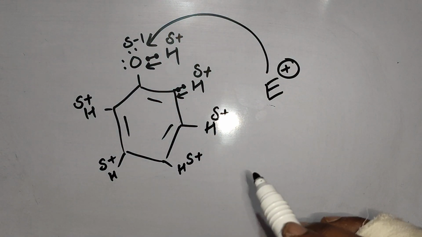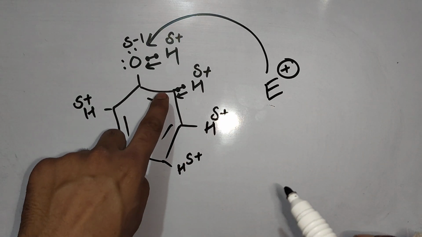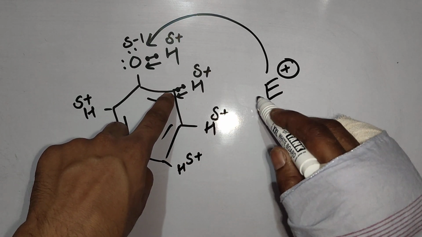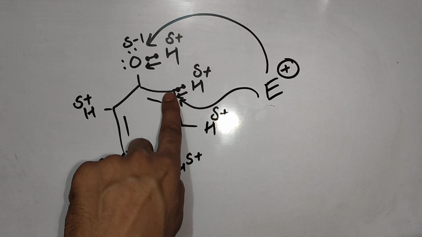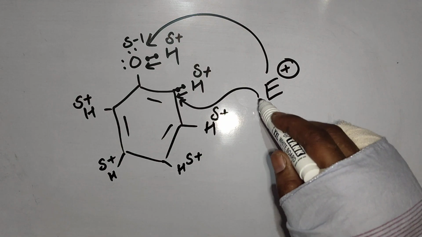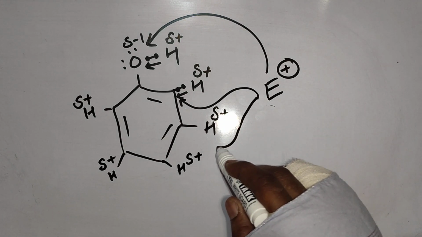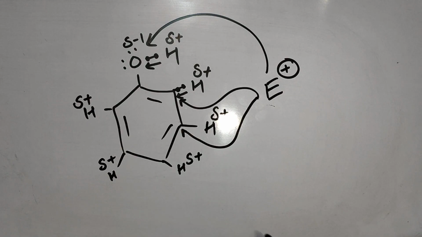Okay. Second option, this electrophile can attack on carbons. This is carbon over here. For electron, this electrophile can attack this carbon and can replace this hydrogen and get electrons.